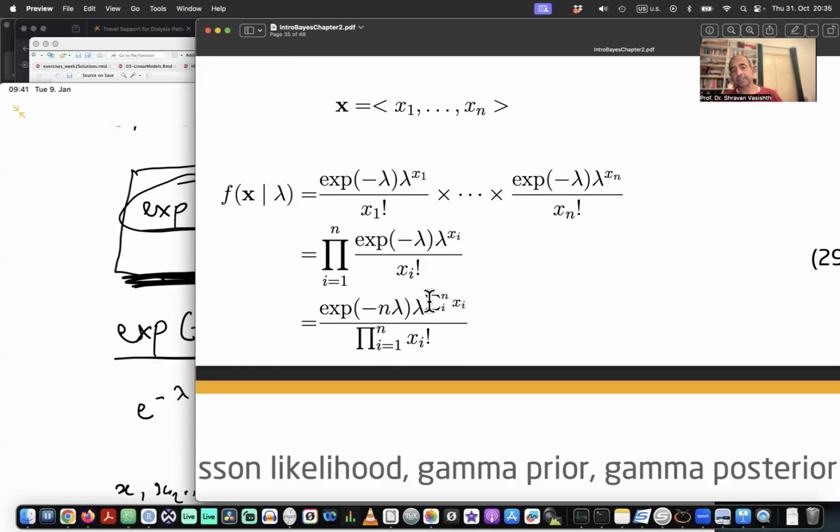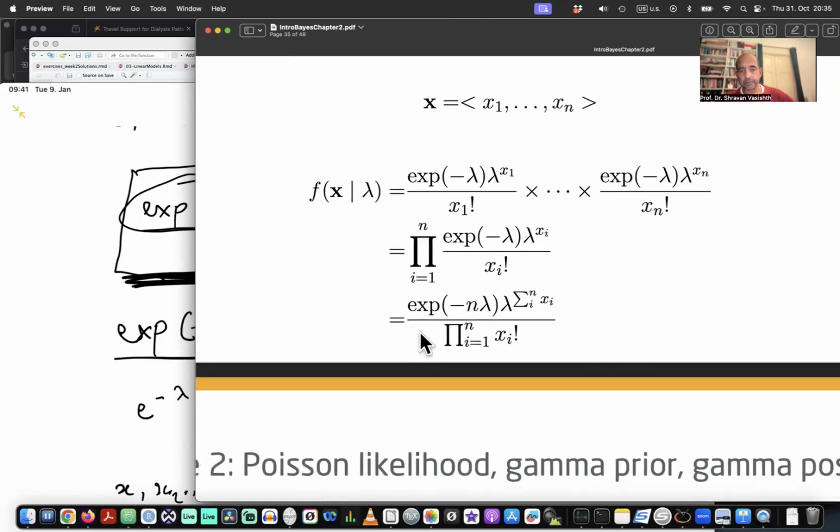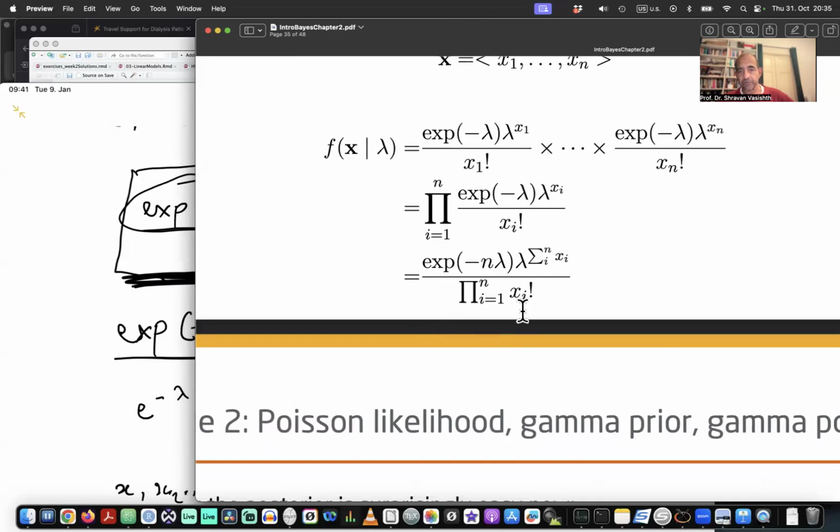And then the sum of all the n data points will be in the exponent for lambda, right? So that's how I end up with this term here. And of course, the denominator is x1 factorial multiplied with x2 factorial multiplied with x3 factorial all the way up to xn factorial. So that's just the product term in the denominator here.